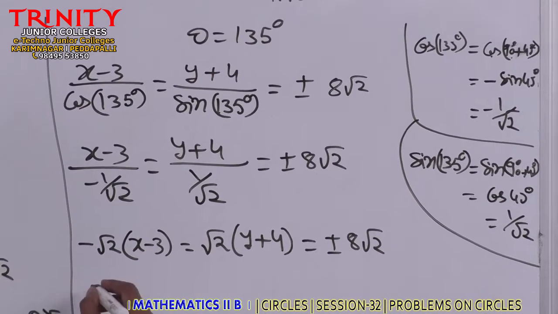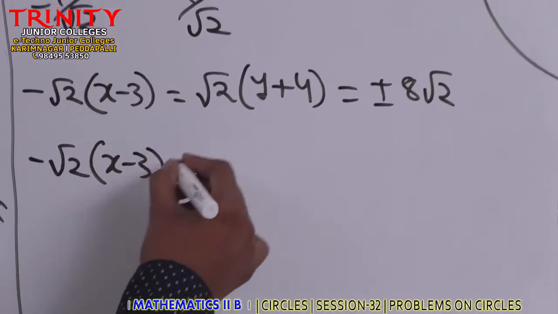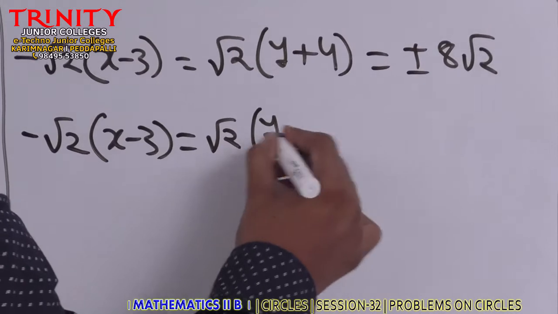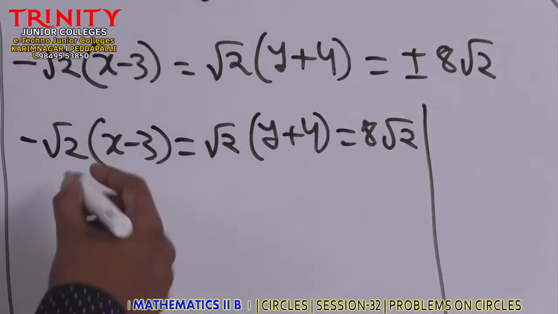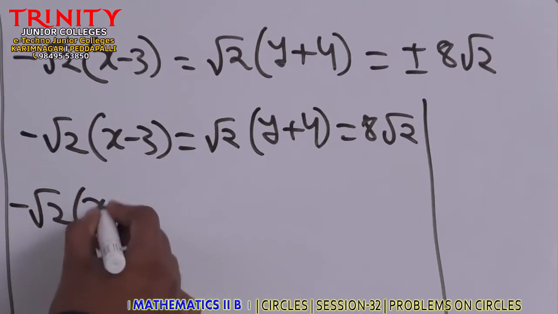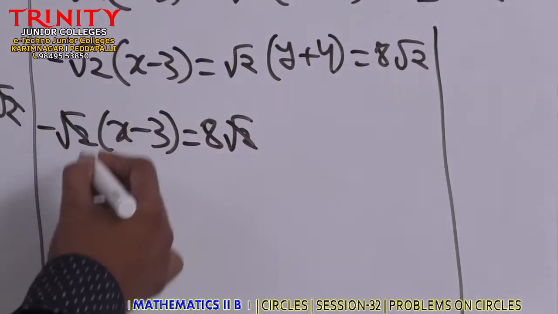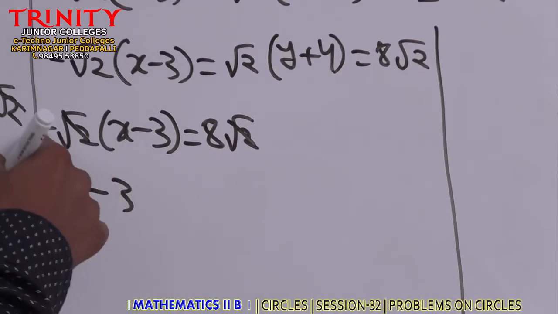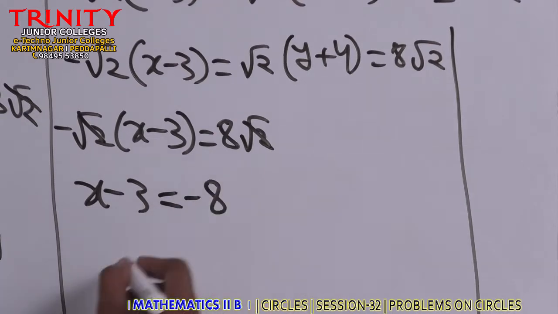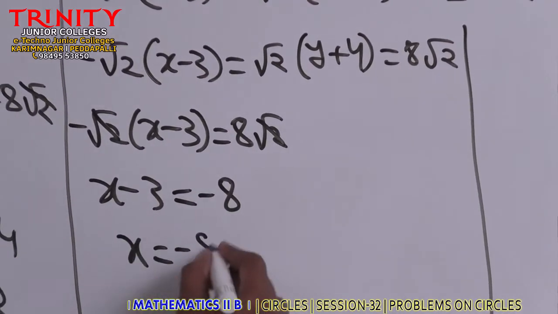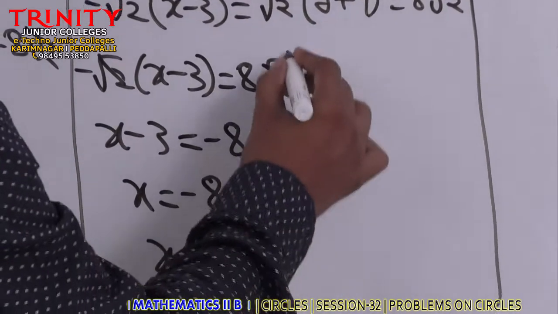Therefore, we take the first case: minus root 2 (x - 3) equals root 2 (y + 4) equals 8 root 2. Minus root 2 (x - 3) equals 8 root 2. Root 2 cancels. x - 3 equals minus 8, x equals minus 8 plus 3, x equals minus 5.